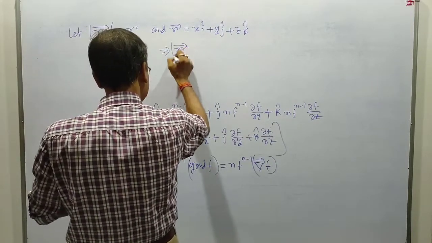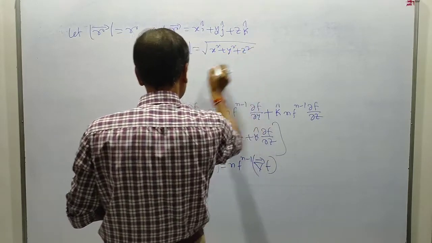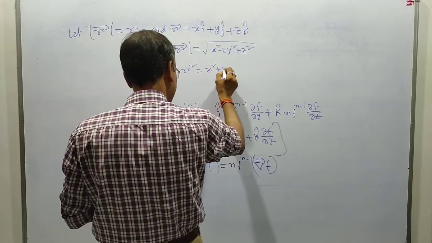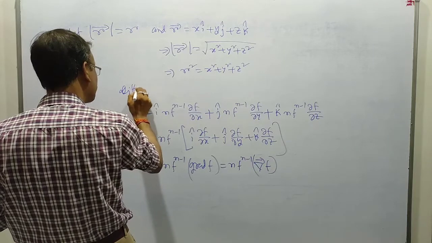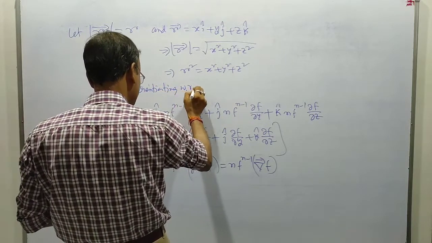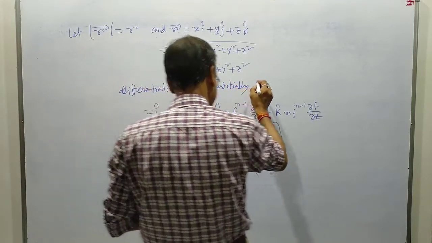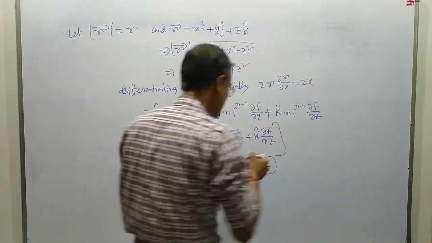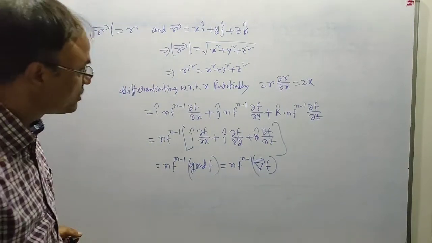This means the magnitude of this vector will be equal to the root of x square plus y square plus z square. This means r square equals x square plus y square plus z square. Differentiating with respect to x partially, you will get twice r delta r by delta x, which is equal to twice x.